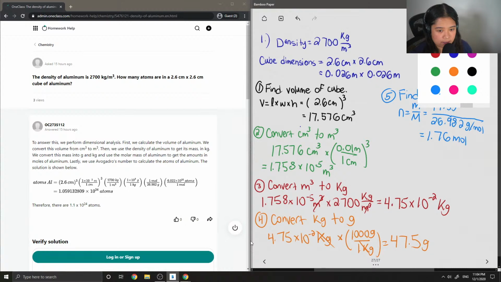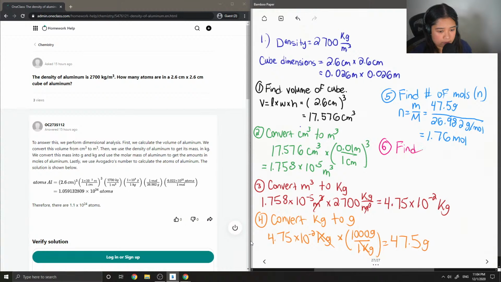And the last step is to find the number of atoms. To do this, we just need to multiply our moles by Avogadro's number, which is 6.022 times 10 to the 23, and its units are atoms per mole.